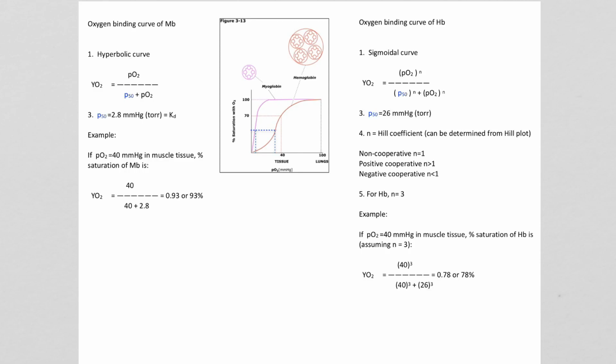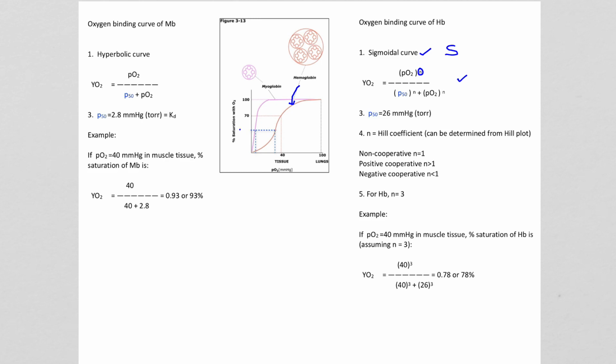Now, unlike myoglobin, the curve for hemoglobin looks very different. This curve looks like the letter S, and therefore it's called the sigmoidal curve. It is expressed by this equation: YO2 equals PO2 raised to the power of n divided by P50 raised to the power of n plus PO2 raised to the power of n.